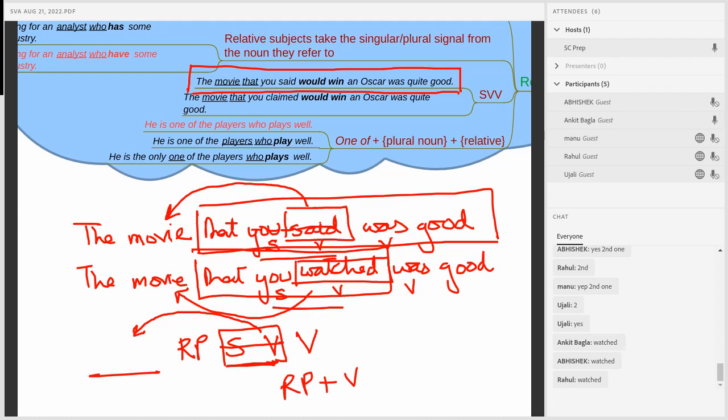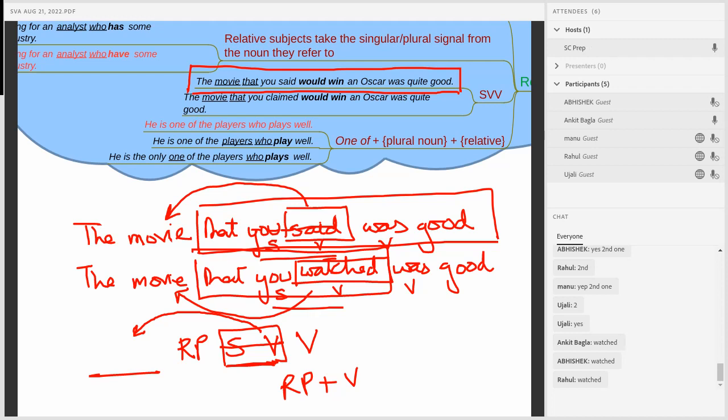Because the was is not occupied in the descriptive element, it's now free to give you the verb for the subject, for the independent clause. But in the first one, because the first subject verb was not part of the description, the second verb actually needed to be part of the description, which means there is no free verb left for your subject. And that is why all of you said that the second one is the complete one.